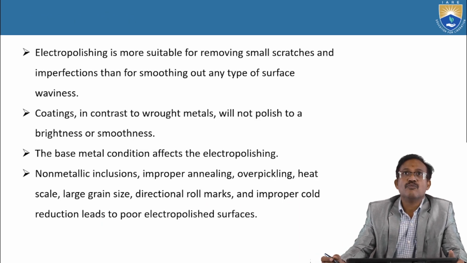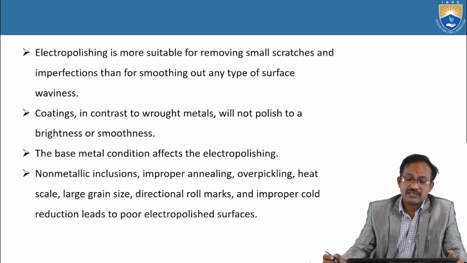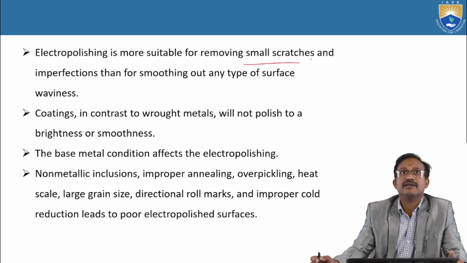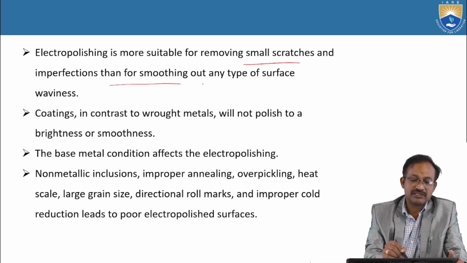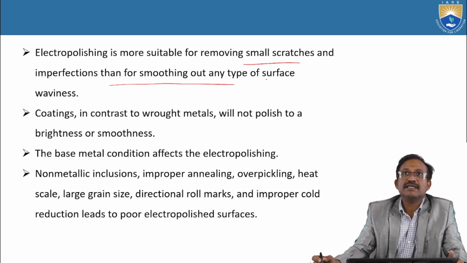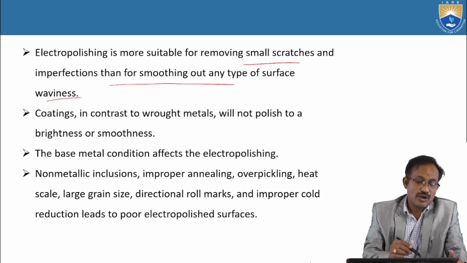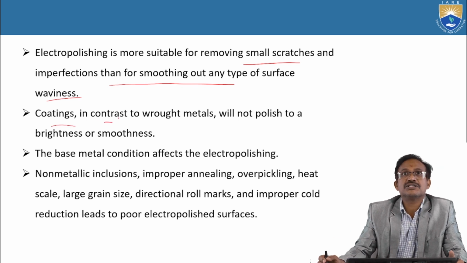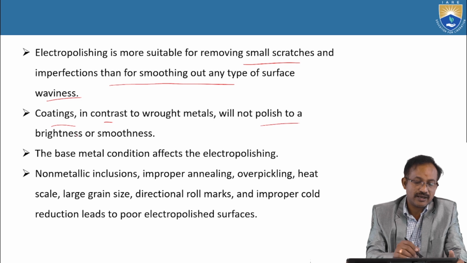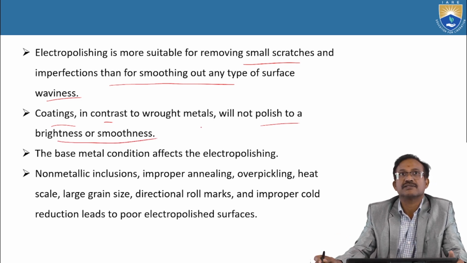Electropolishing is more suitable for removing small scratches and imperfections than for smoothing out any type of surface waviness. Coatings, in contrast to wrought metals, will not polish to a brightness or smoothness.